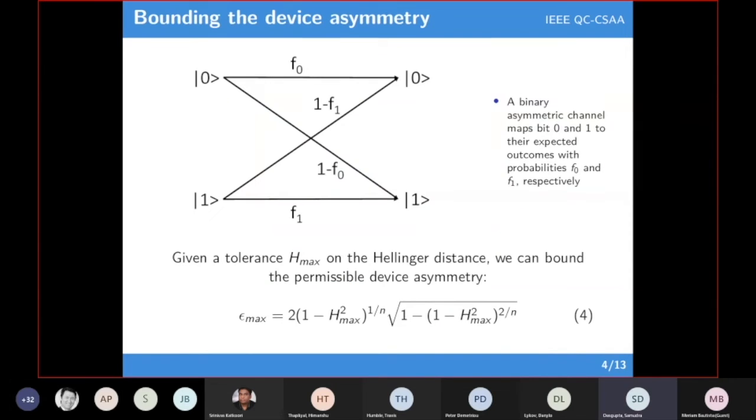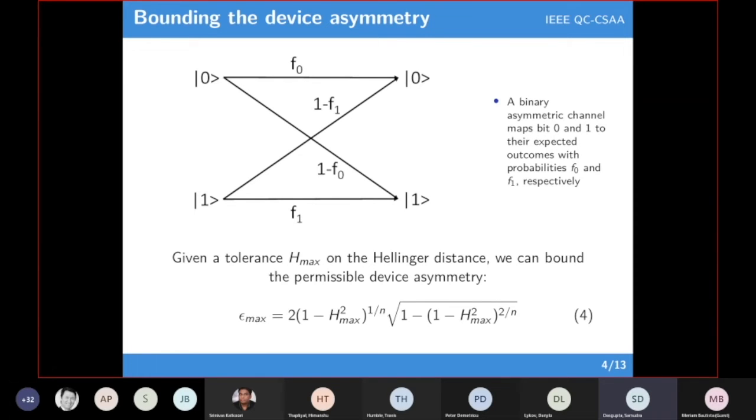Now, hopefully, in the last two slides, I've been able to convey what fidelity asymmetry means. Now let me take a step back and remind you what the problem statement is again. So the problem we are trying to study is how the fidelity asymmetry impacts Hellinger distance, which is the proxy we are using for the concept of reproducibility.